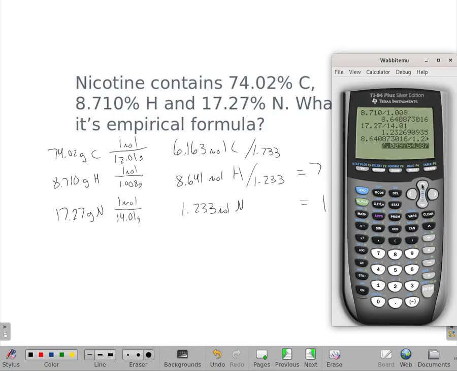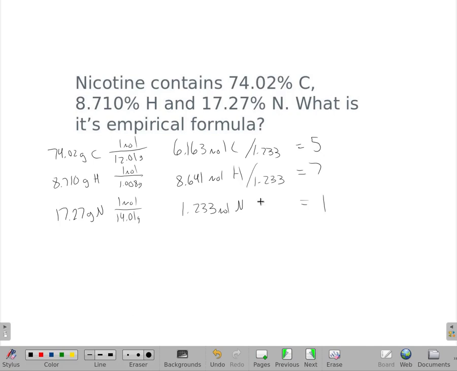And the 6.1 divided by the 1.23 is 5. So we have an empirical formula of C5H7N.